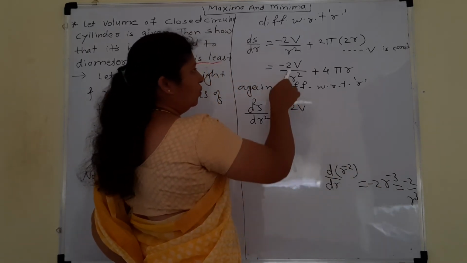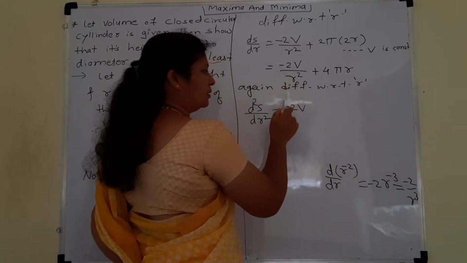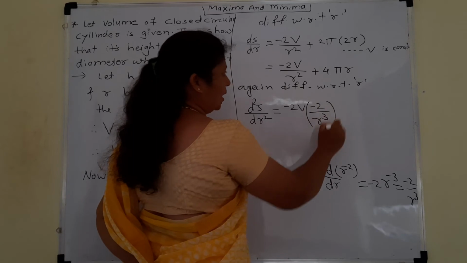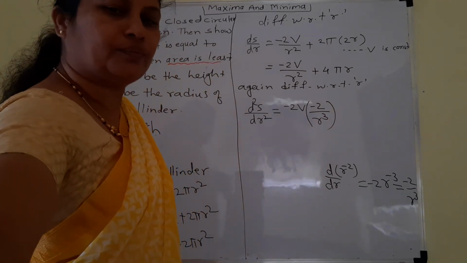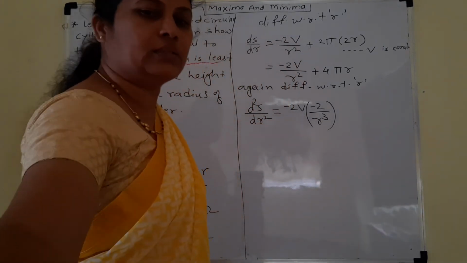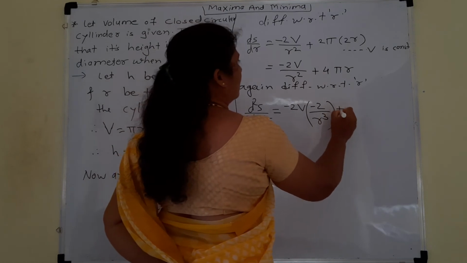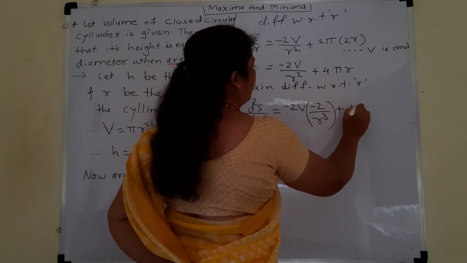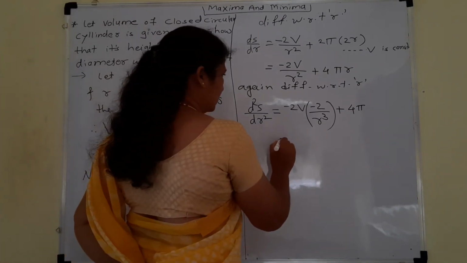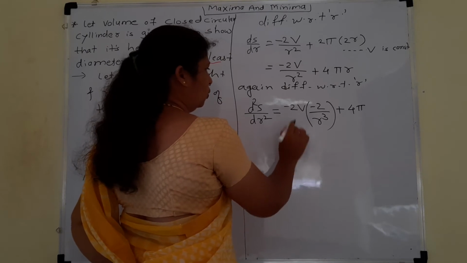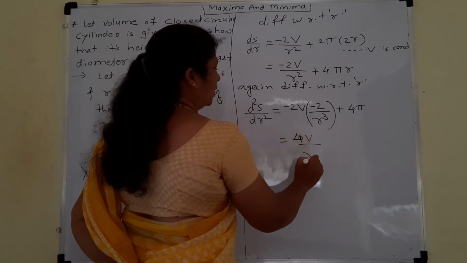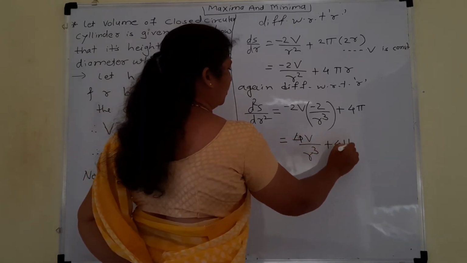So minus minus will be plus. Next, plus 4 times pi into the derivative of r with respect to r, which is 1. So 4 pi as it is, and hence this is equal to minus minus plus 2 into 2, which is 4 times v upon r cube plus 4 pi.